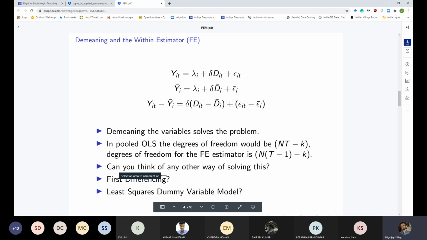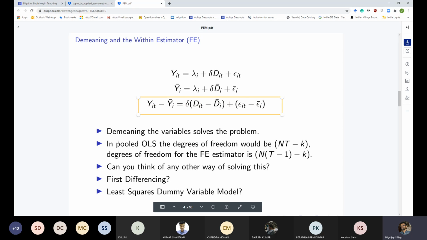Okay. Another way of fixing this fixed effects problem is to have dummy variables. For example, if you have 10 individuals, you can have 9 dummy variables here, and those dummy variables can also account for these lambdas. That kind of model is called a least squares dummy variable model, and in fact, the least squares dummy variable model is exactly equivalent to this fixed effects model.